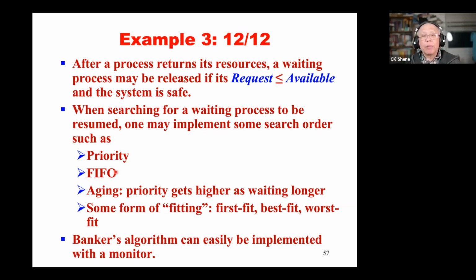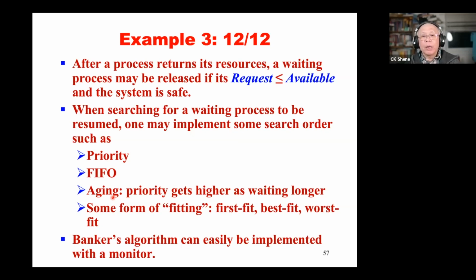Or you could use a first in, first out order. You build this waiting process list as first in, first out. That is commonly seen. But some systems prefer to use the so-called aging policy. So when a process enters a waiting list for a resource, the system assigns it a waiting priority.